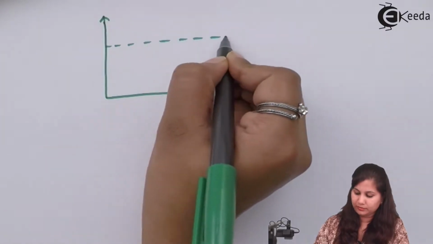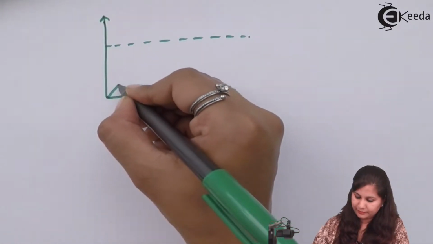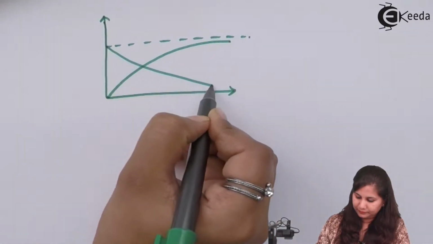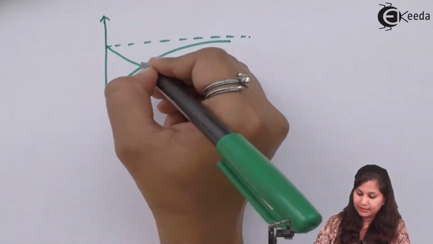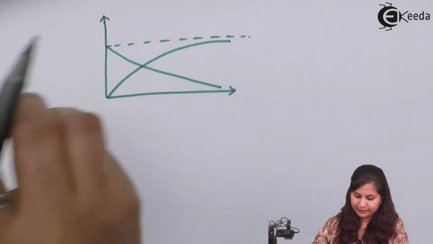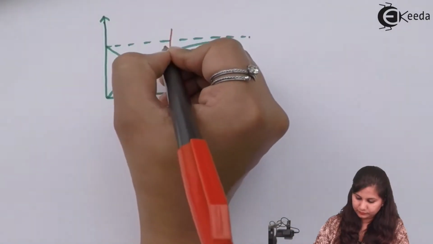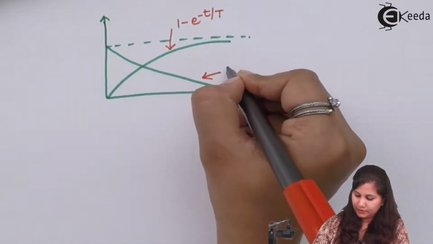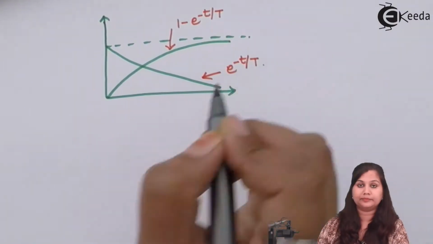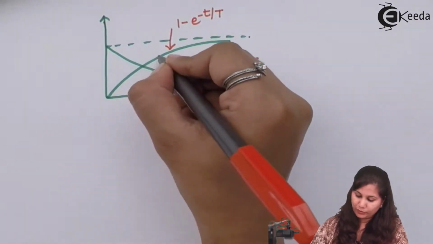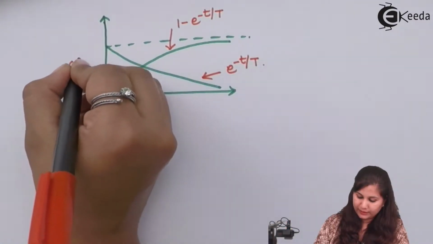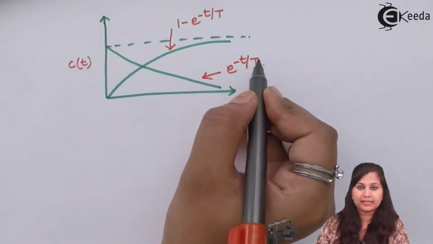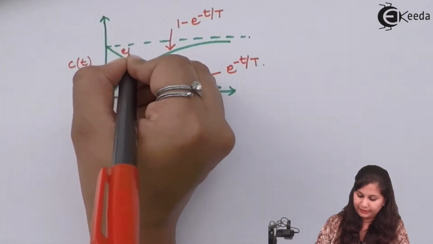This is 1, this is 1 minus e raised to the power minus t by T, and this is e raised to the power minus t by T. The green line going upwards is our output response c(t), and this decaying exponential e raised to the power minus t by T is our error signal e(t).